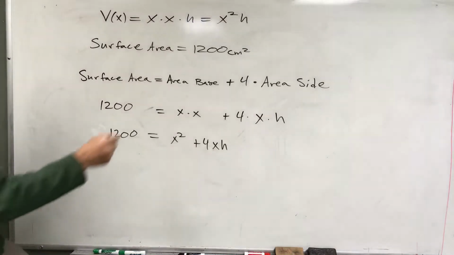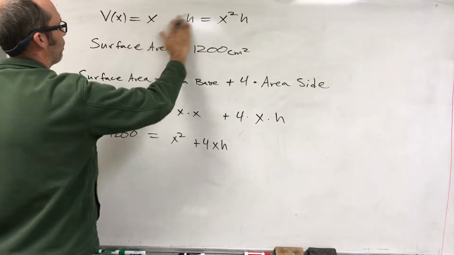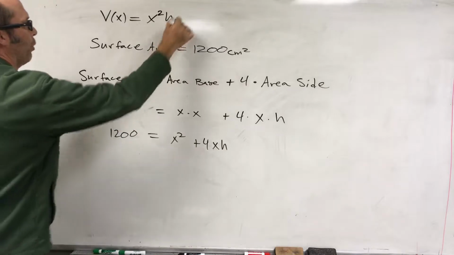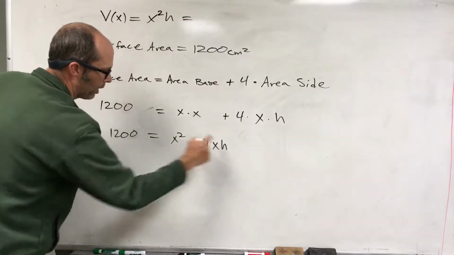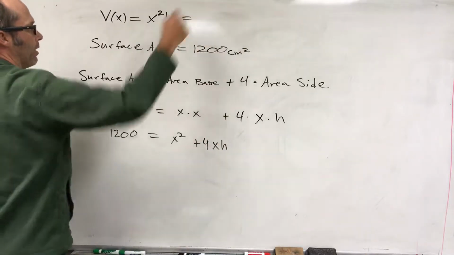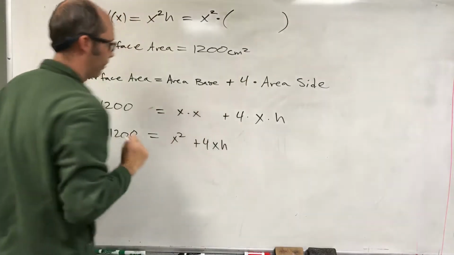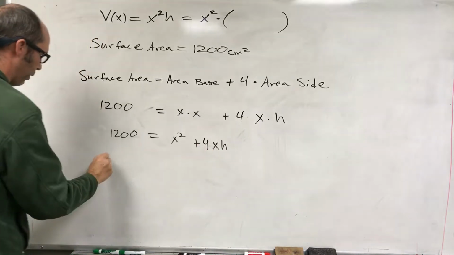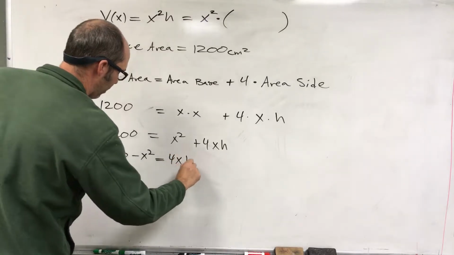Now remember we have v of x is equal to x squared h. But we want to eliminate the h. So we'll solve this equation for h, and then plug that in. Solving for h: 1,200 minus x squared is 4xh.